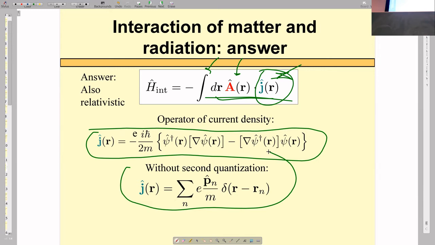Also a good message of this formula: what I wrote below is classical, but if I would like to look at relativistic electrons, the formula stays the same. Very convenient. Good. A simple, convenient formula for the interaction between matter and radiation completes this piece.